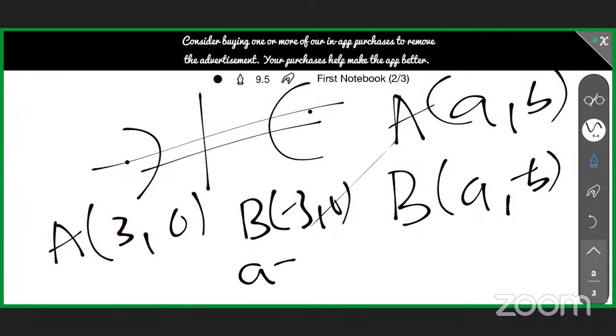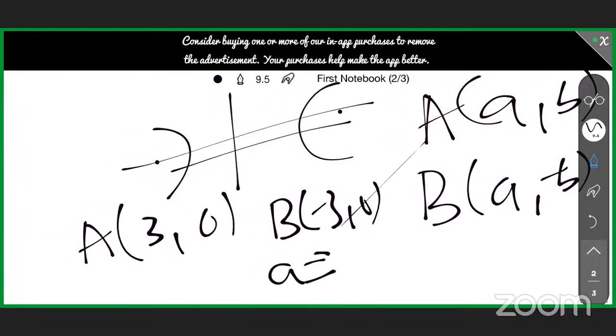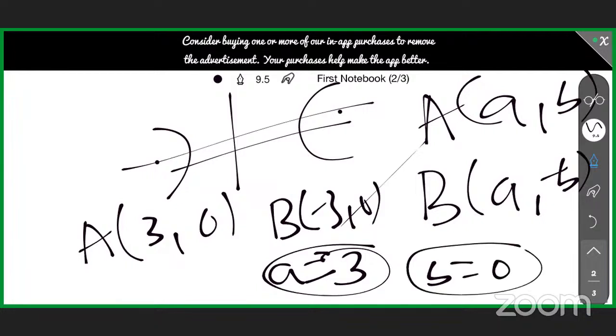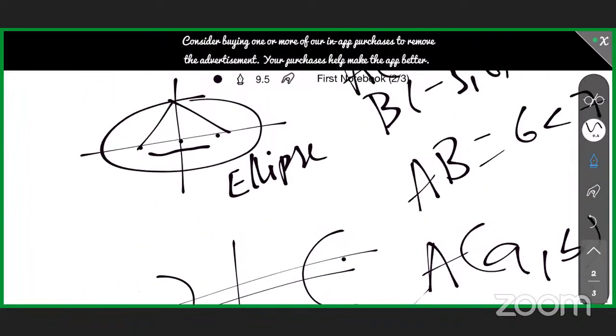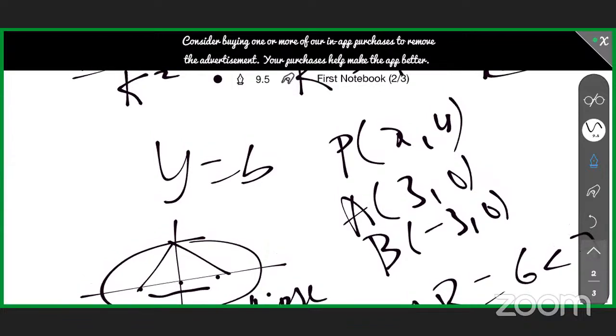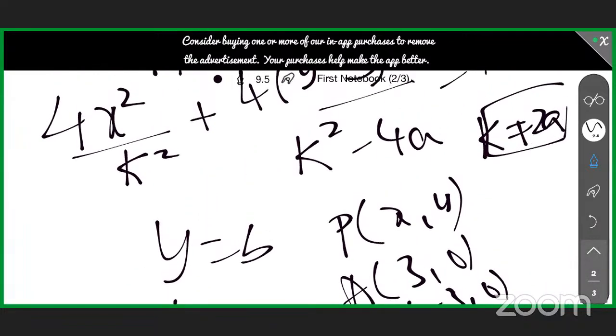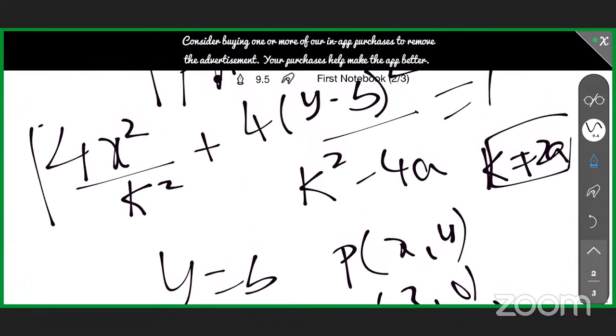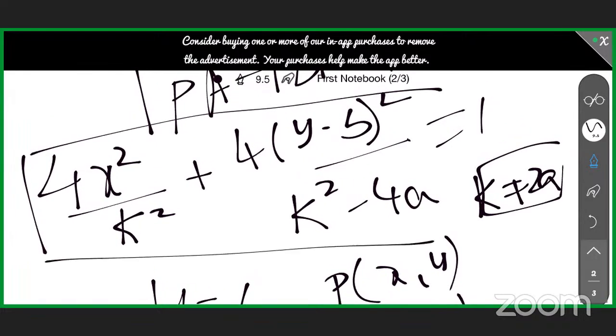Therefore my A value is equal to 3 and my B value is equal to 0. Yes or no? Yes, sir. Now put all these values here. Now you have got K value is 7. Put all these values in this equation and tell me the equation of the ellipse.